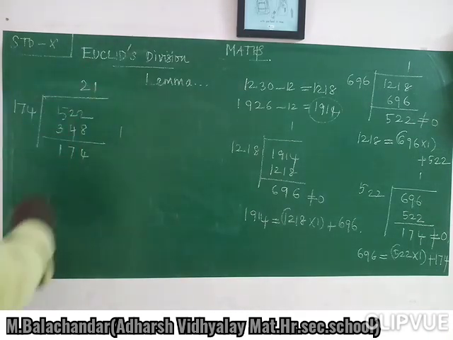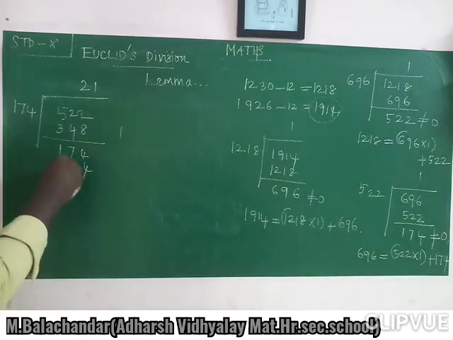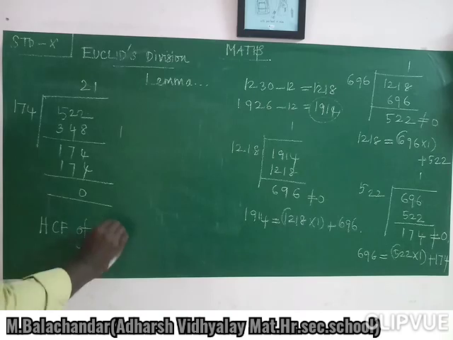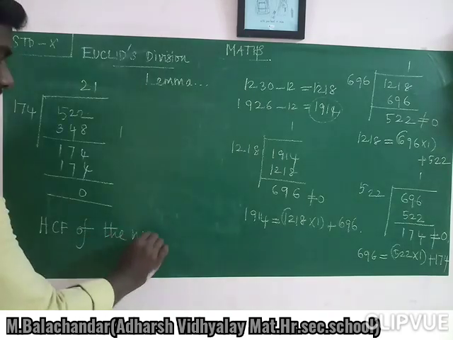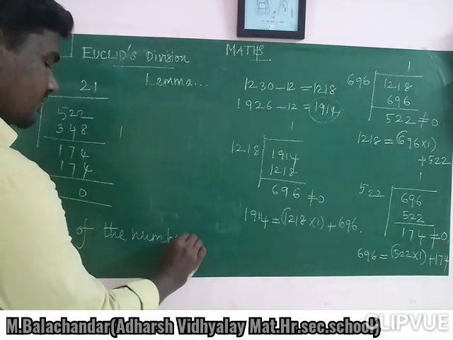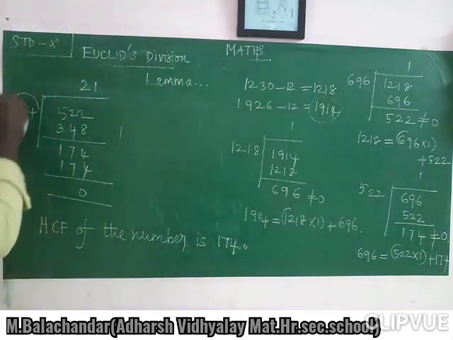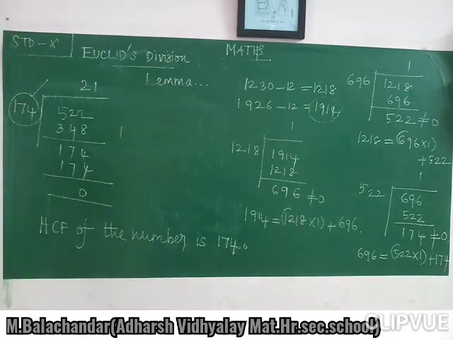So again 1 time. 1 4s are 4, 7, 1. It leaves the remainder 0. Therefore, HCF of the given two numbers is 174.